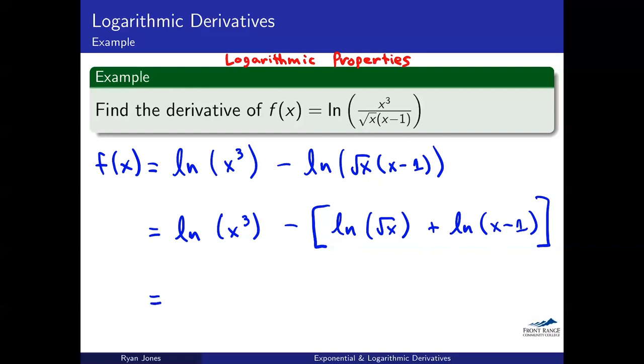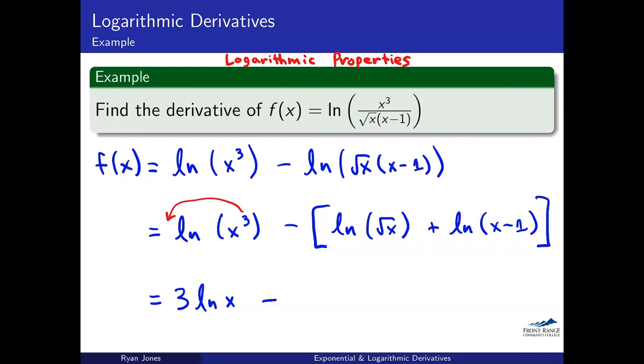Now I'm going to do two things here. I'm going to use a third log rule, which says that if I have an exponent inside that logarithm, I can bring that out. I can sort of drop that down to the front there. I'll leave that written in there. And I get my 3 ln of x.